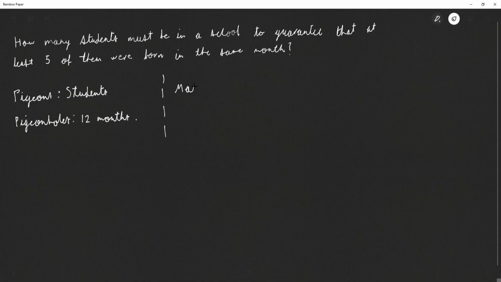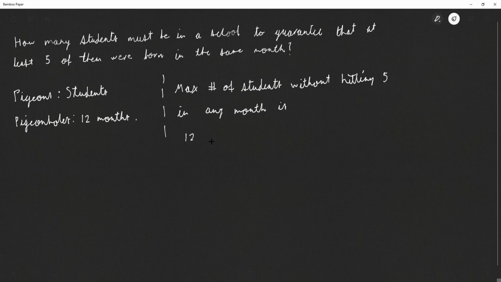So the max number of students without hitting 5 in any month is 12, the number of pigeonholes, multiplied by 4, which means that we're going to have 4 students in each pigeonhole.